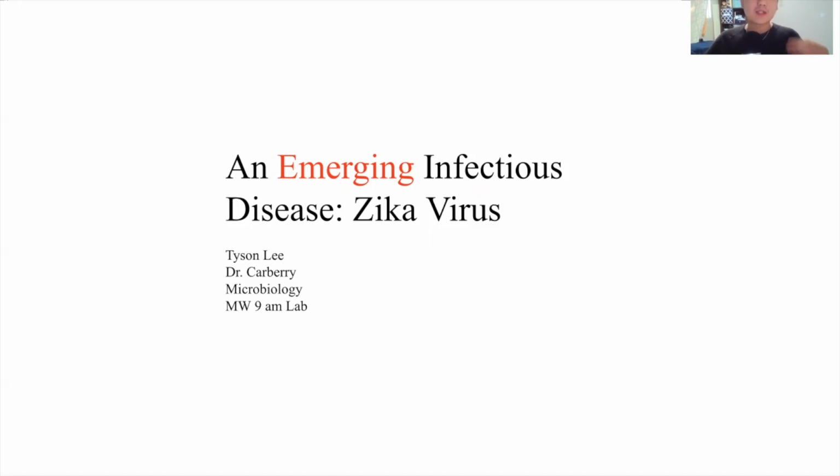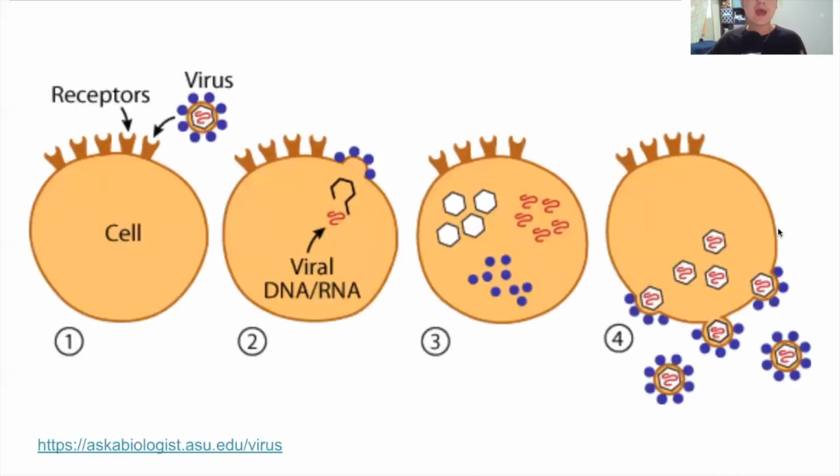Before we talk about Zika viruses, let's talk about what a virus is and how a virus works, right? I believe understanding the fundamentals will ultimately allow us to understand what Zika virus really is. When a virus enters our body, and there are many ways a virus can enter, viruses have protein coats on their surface.